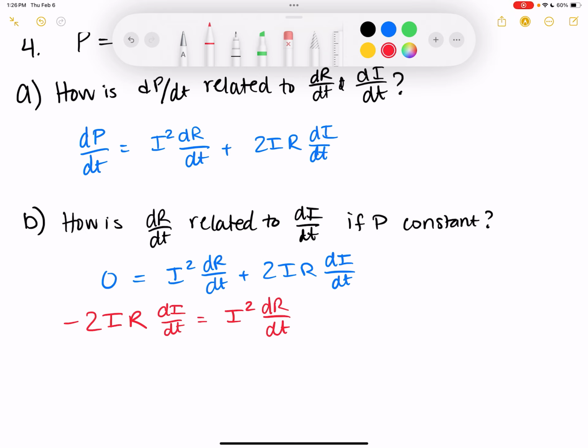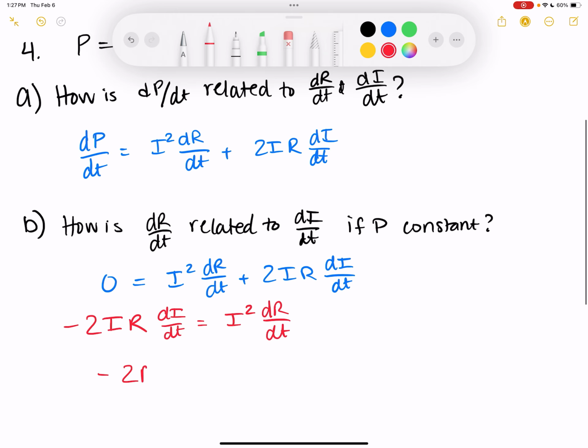Was it okay that I just divided by I squared in that one step as well? Yes, that's what I'm about to do. Dividing by I squared, so I get negative 2r over I di dt equals dr dt.